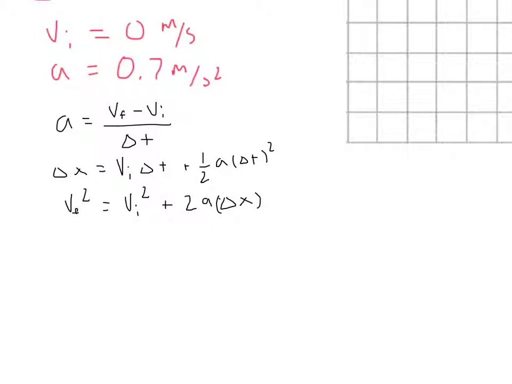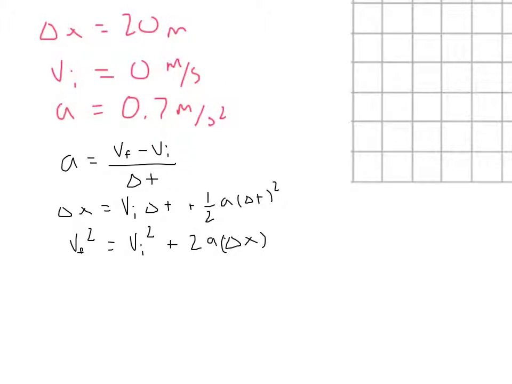It looks to me like the easiest equation to use would be this one, because I'm given delta x, acceleration and initial velocity, and one of the things I'm looking for is final velocity. So I'm going to use v final squared equals v initial squared plus 2a times delta x.